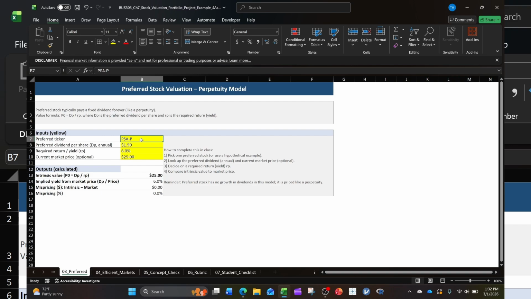Like I told you, Bank of America, BAC is their common stock. BAC dash something else beside it, like BAC dash PL, that's preferred. JP Morgan Chase and Company is JPM dash PJ. Wells Fargo and Company is WFC dash PQ. That should be a good indication that's a preferred stock.